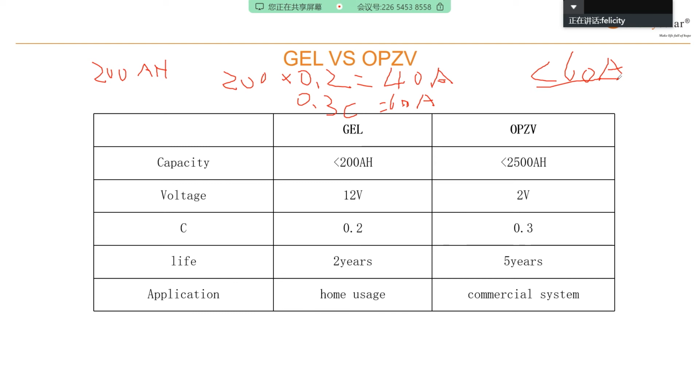So when you use the lead acid battery, please pay special attention to this part. But OPCV is a little higher than the GL battery.